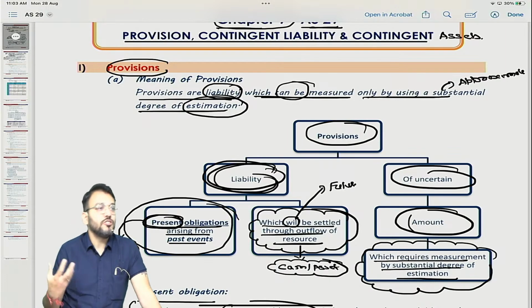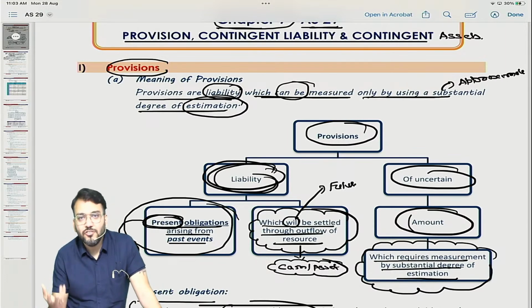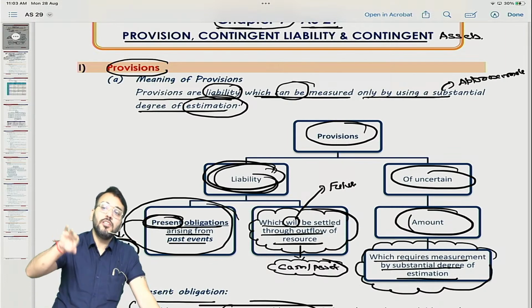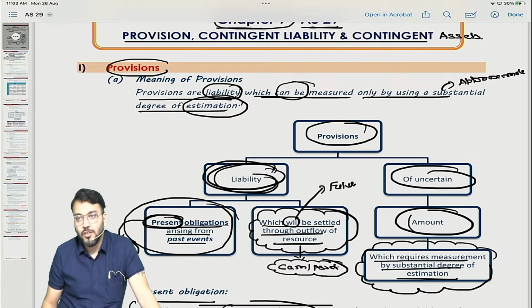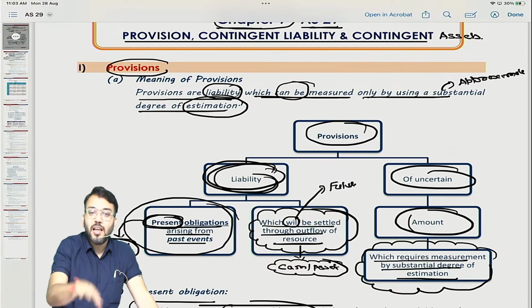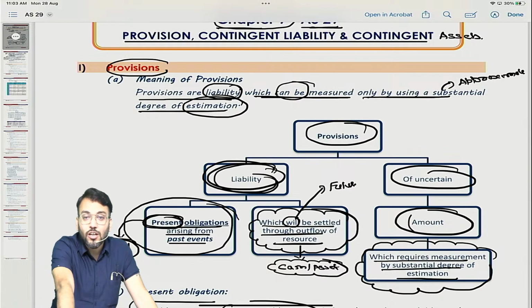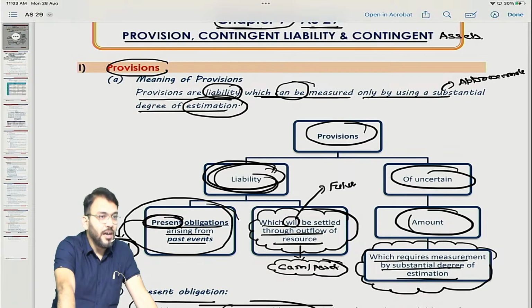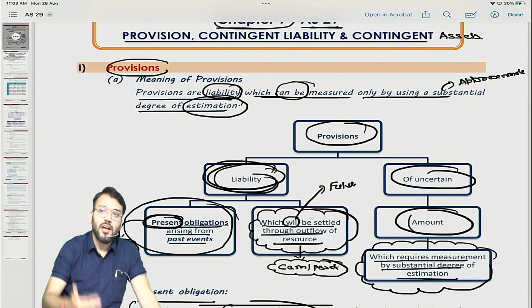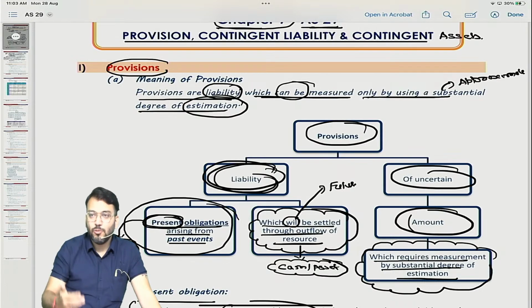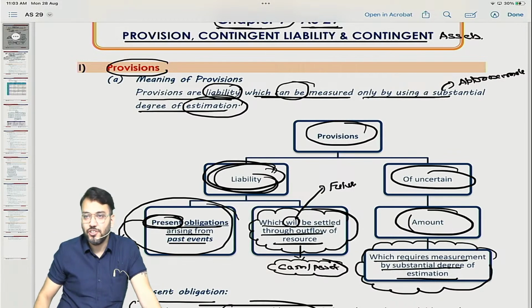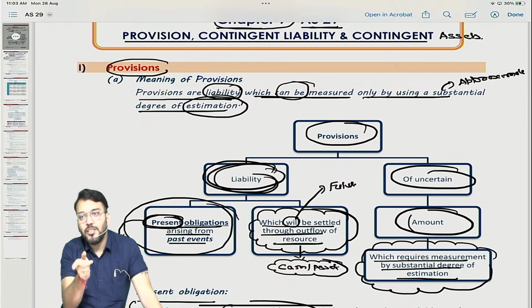Means that the amount is not known, so it is uncertain. So if the amount is certain, then it is not a provision. Means we can say that all provisions are liability, but all liabilities are not provisions. Correct? Understood? Provision will be shown in the liability side of the balance sheet. Correct? But all liabilities are not provision.